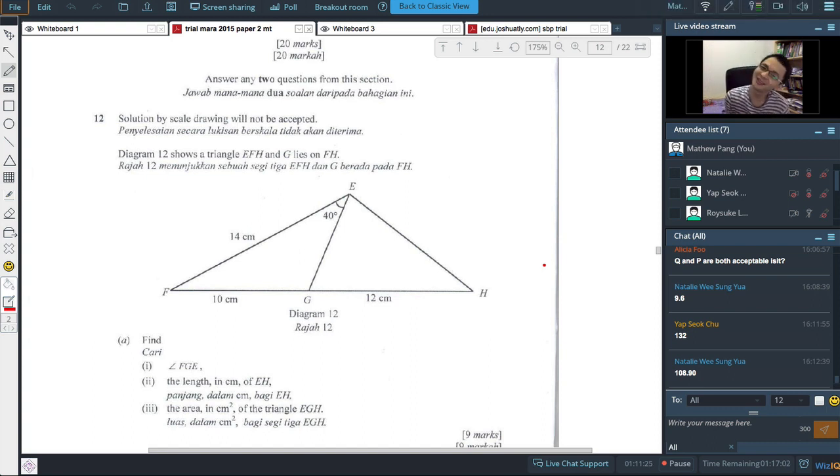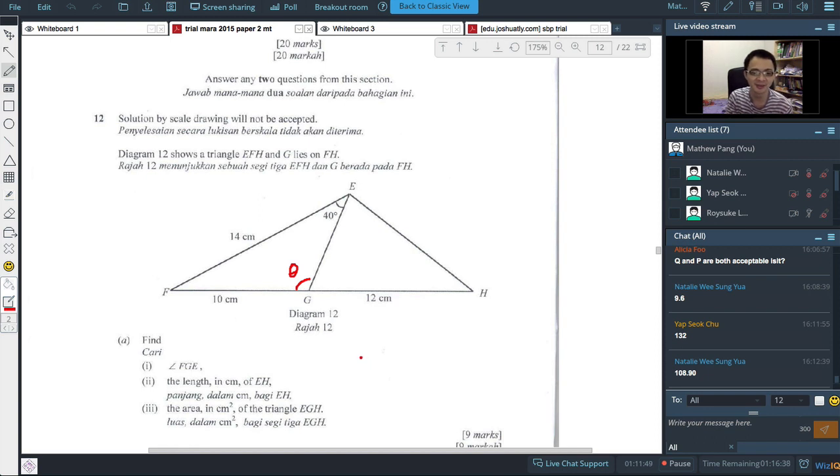Okay, let's have a look at this one. Solution by scale drawing will not be accepted. Okay, obviously. So from here, first they ask you to find the angle FGE. You need to find this angle for part 1.